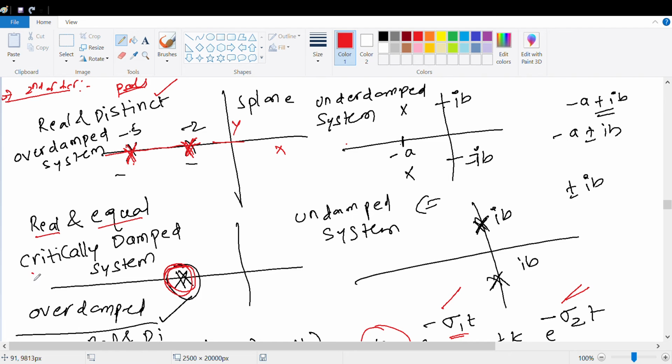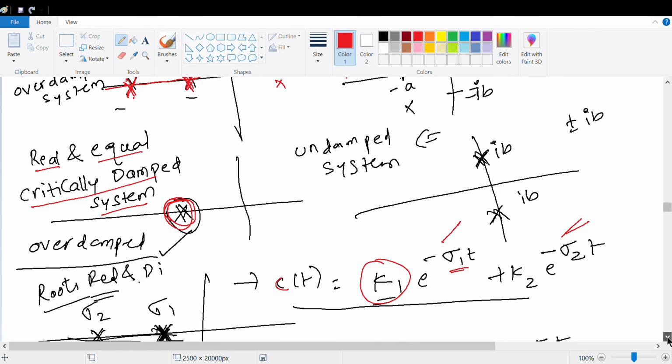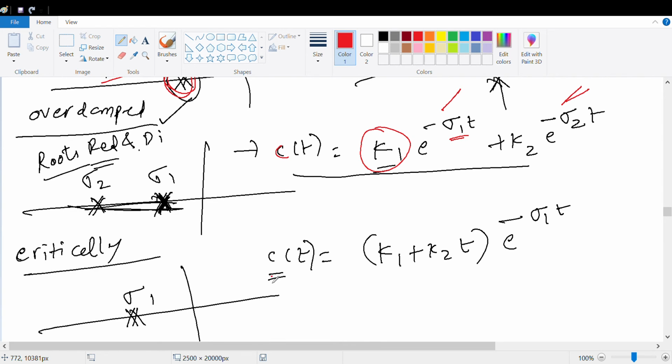Then the system is called a critically damped system, and its step response is C of t equals (K1 plus K2 t), with K1 and K2 constants, times e power minus sigma 1 t.